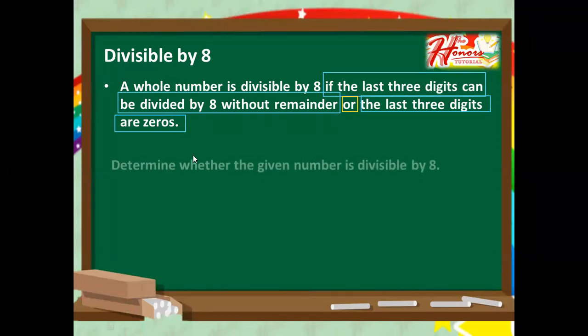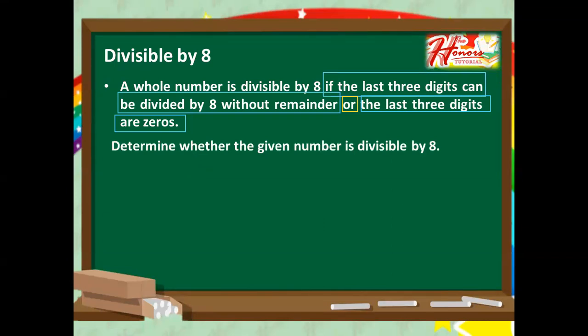Let's have an example here. Determine whether the given number is divisible by 8. Example 1, 224. 224 is a three-digit number. So we have to divide all of these digits by 8. So it will become 224 divided by 8.